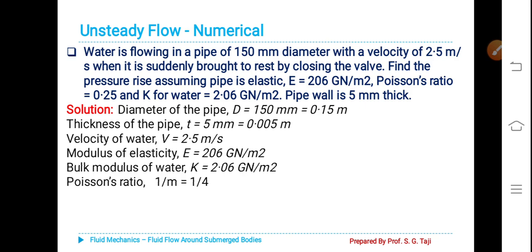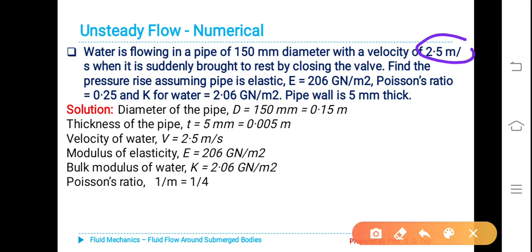Next problem. Last problem. When the pipe is considered to be elastic. Water is flowing in a pipe of 150 mm diameter with a velocity of 2.5 meters per second when it is suddenly brought to rest by closing the valve.